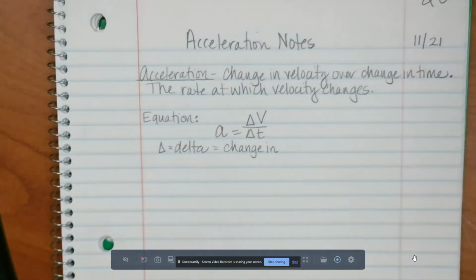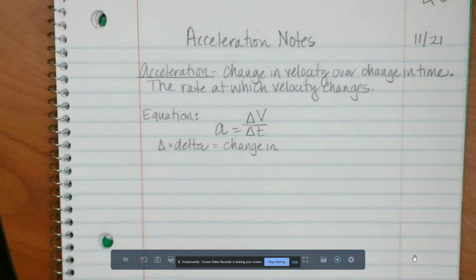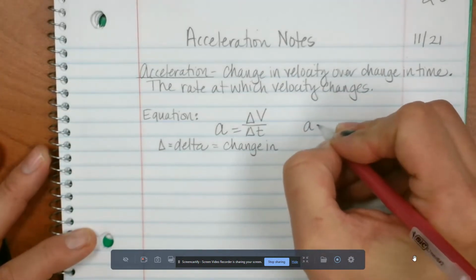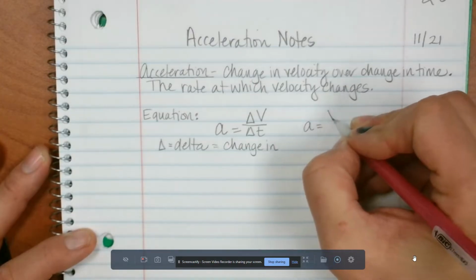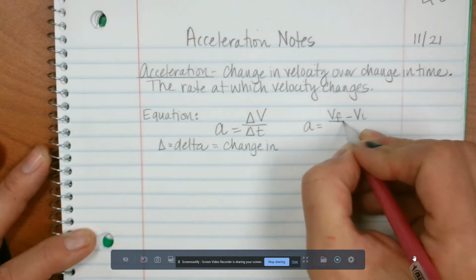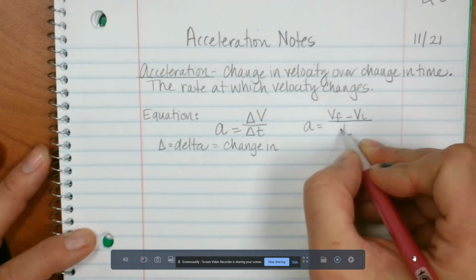So the change in velocity is telling us that a velocity has to change. So whether you speed up or slow down, or even change directions, you are changing your velocity. So we like to break that down to acceleration equals our final velocity minus our initial velocity divided by time.